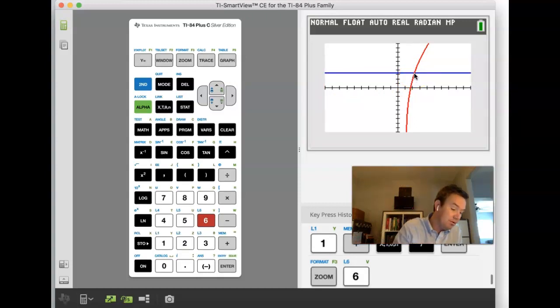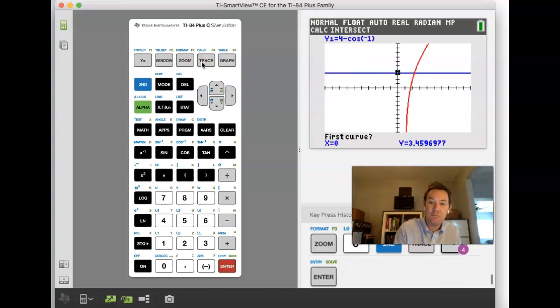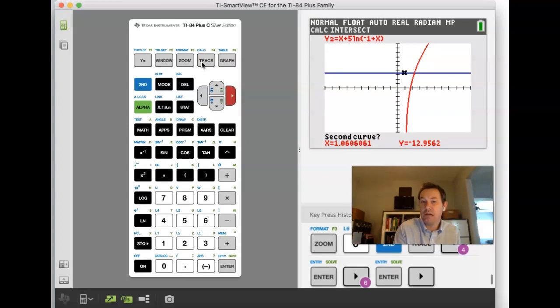So we can go into the calc menu, and we just want to calculate the intersect. It'll ask you for the first curve, and then it'll ask you for the second curve. Just make sure that your cursor is close to that point of intersection.